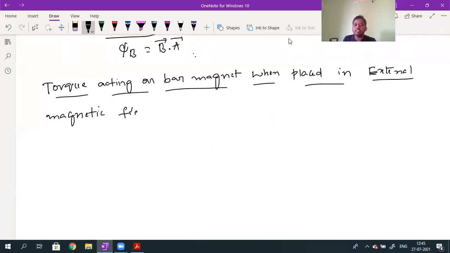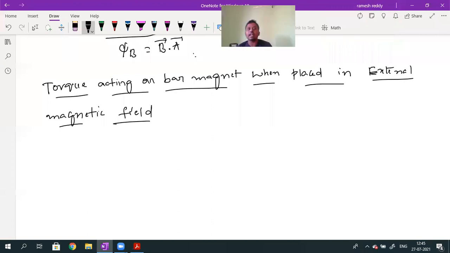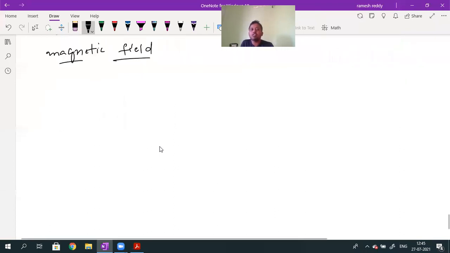We discussed this topic in electrostatics also: what is the torque acting on a dipole placed in an external uniform electric field? Now this is the torque acting on a bar magnet placed in an external uniform magnetic field.